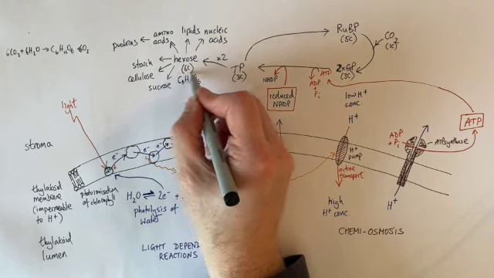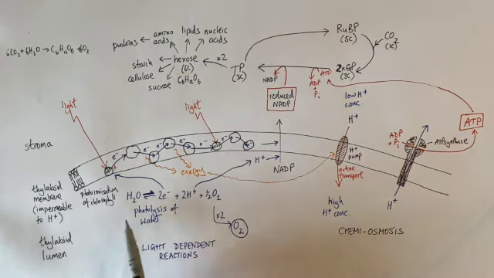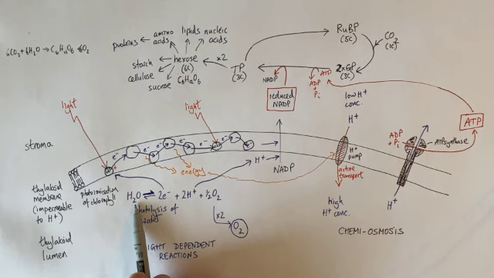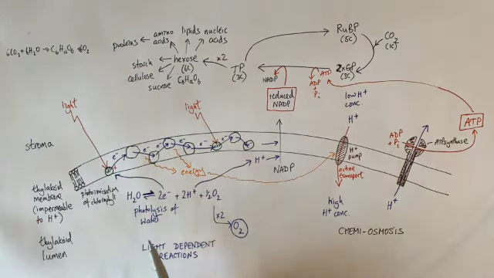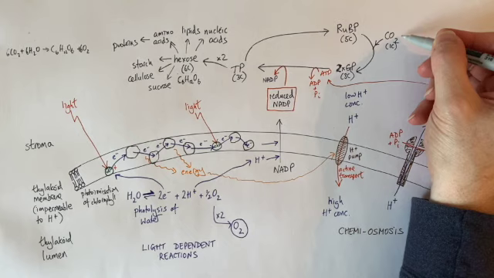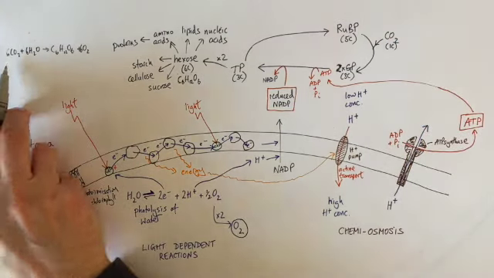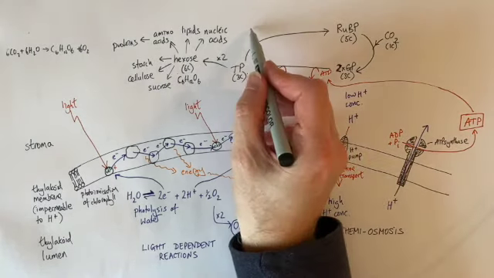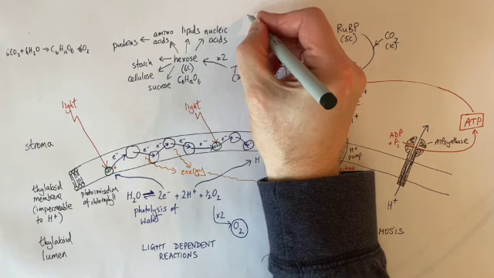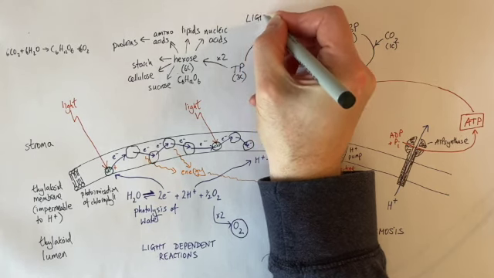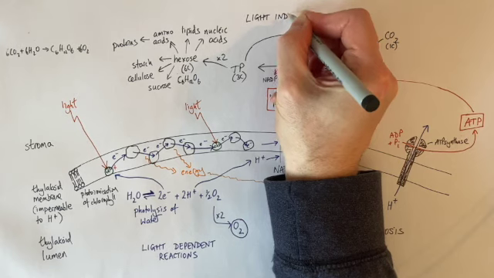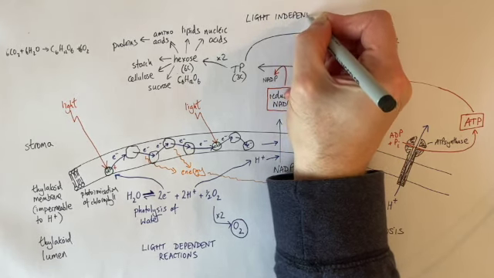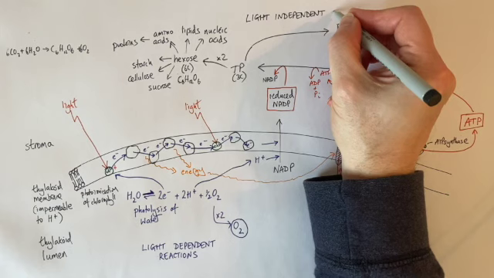We've got our water coming in here. We've got carbon dioxide coming in here. We've got glucose being formed here. And we've got oxygen being formed there. And so finally, this along the top is the light independent reactions.